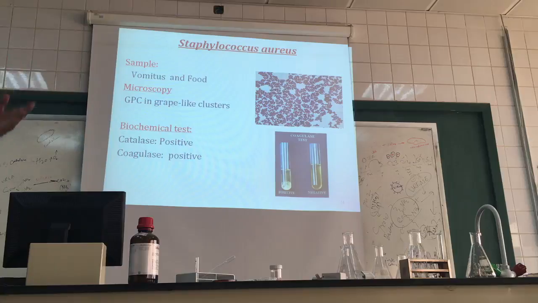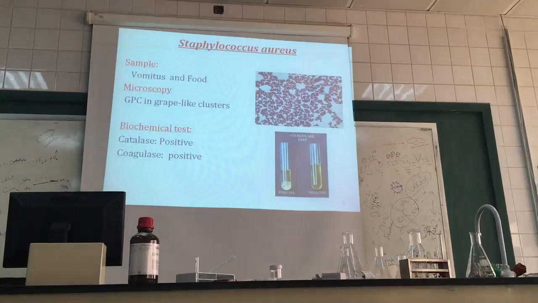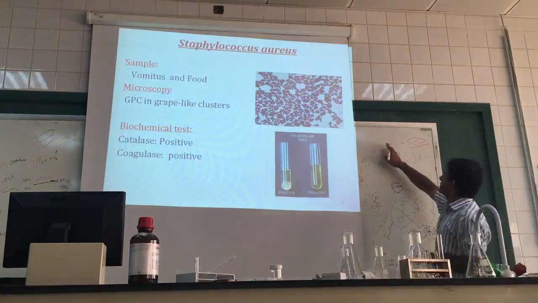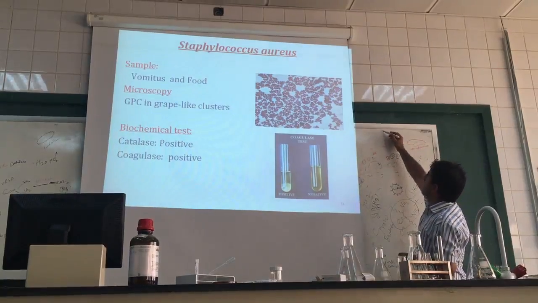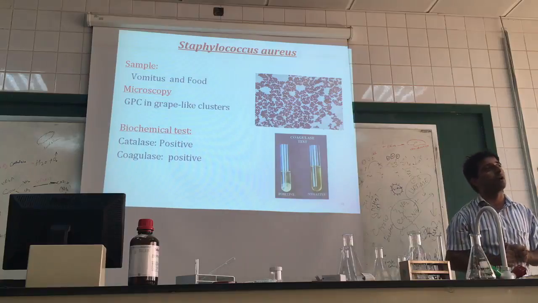You see, grape-like clusters, you know it very well. It is Staph aureus in the form of clusters, just like a bunch of grapes. Catalase positive, okay. The main difference between Staphylococcus and Streptococcus, what?